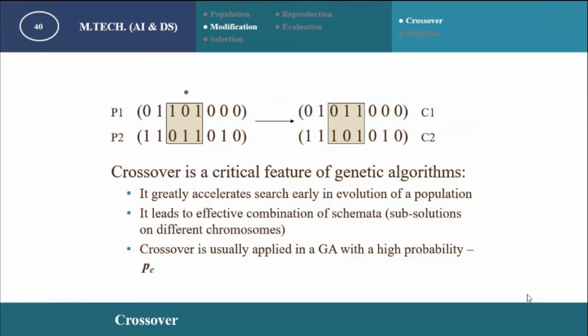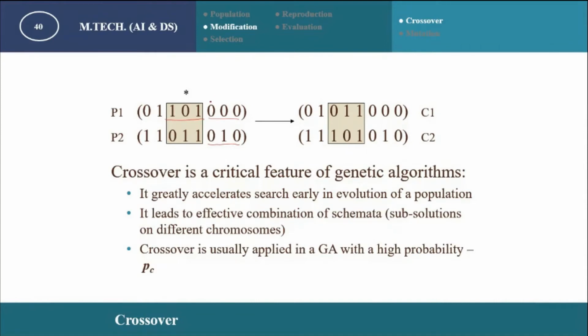The schemata are actually subsequences in different chromosomes. A schemata is a subsequence of the chromosome. Like in this case, this particular sequence 101 is a schemata, or 000 is another schemata. Or in this chromosome, 010 is a schemata. So a schemata is a subsolution on different chromosomes.